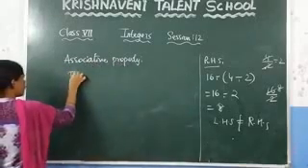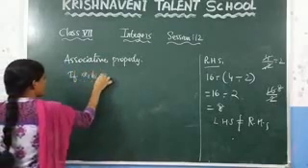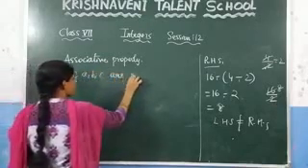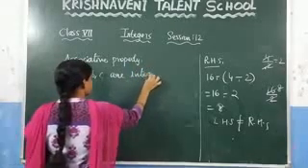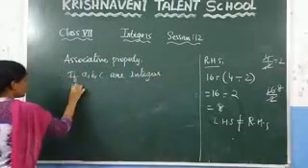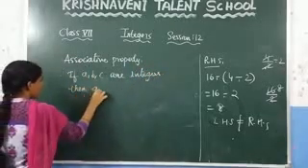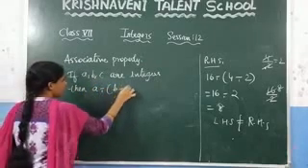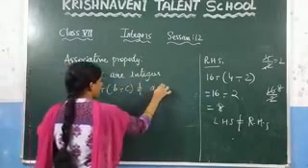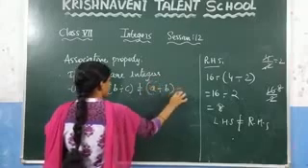Therefore, if a, b, c are integers, then (a divided by b) divided by c is not equal to a divided by (b divided by c).